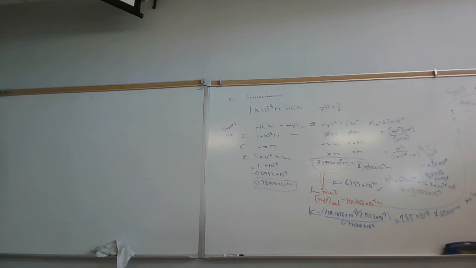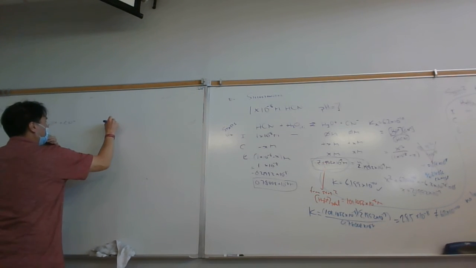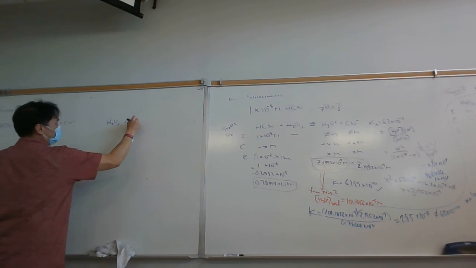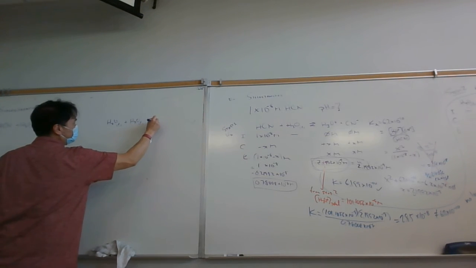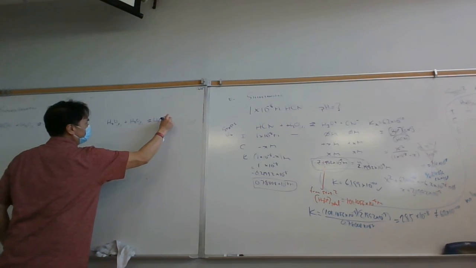So let's look at an example. This will be simultaneous. So we solve both together, so we'll put HCN plus H2O liquid goes to hydronium plus cyanide. And then the other one is H2O liquid plus H2O liquid goes to hydronium and hydroxide.